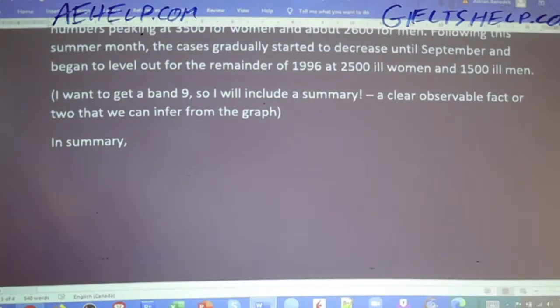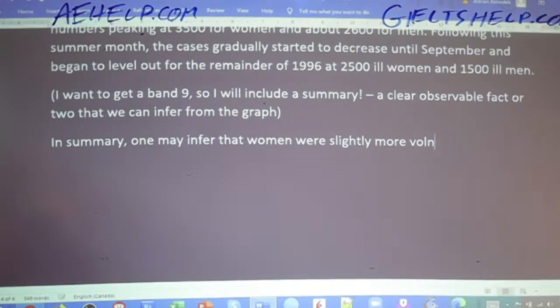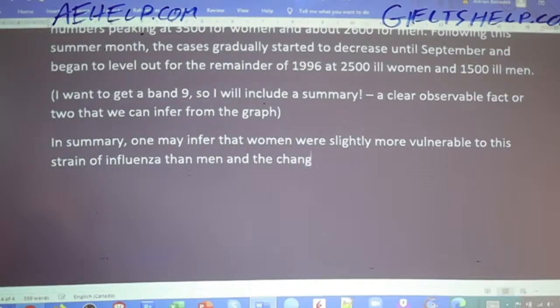So you would say, in summary, one may infer that women were slightly more vulnerable to this strain of influenza than men, and the changing seasons impacted the number of cases. Okay, so that would be your summary.